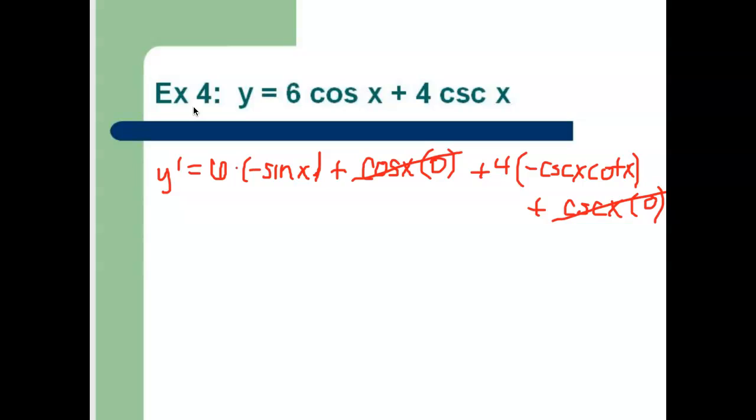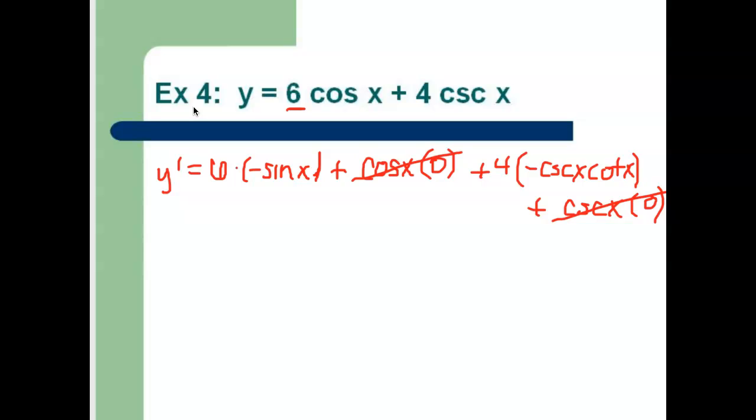When you have a coefficient in front of a trig function, you don't really need the product rule because it is just a coefficient. If it was a coefficient in a variable, then you need the product rule. So what I'm doing here in this example is showing you how this is just a coefficient and not a function.